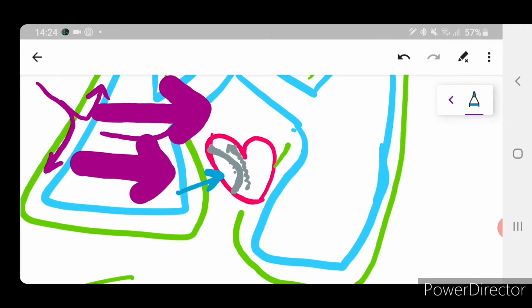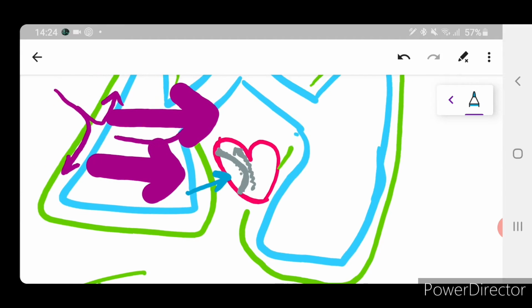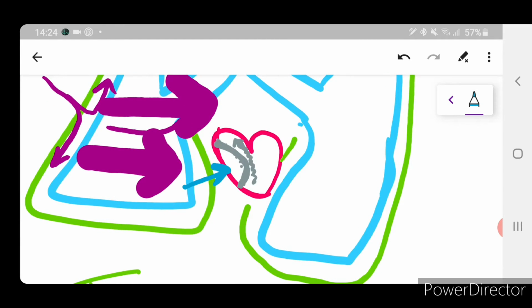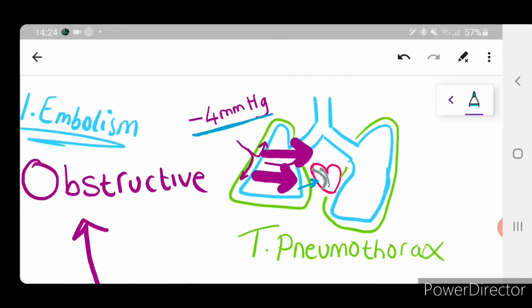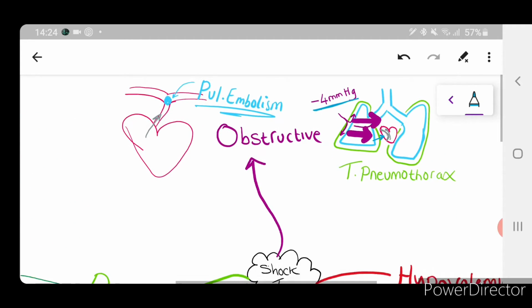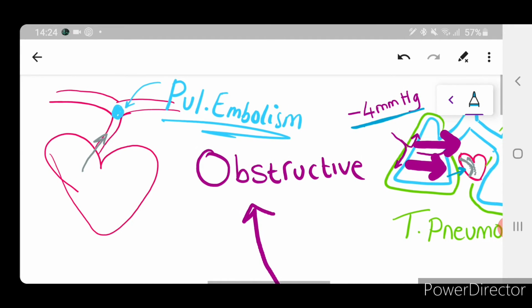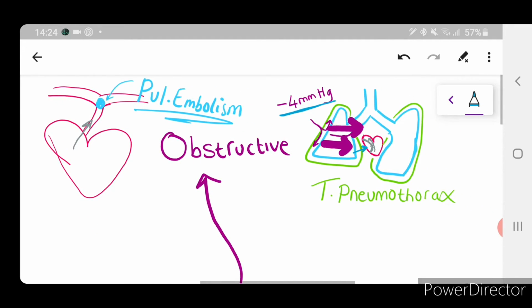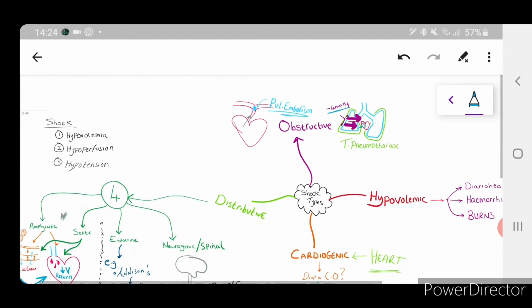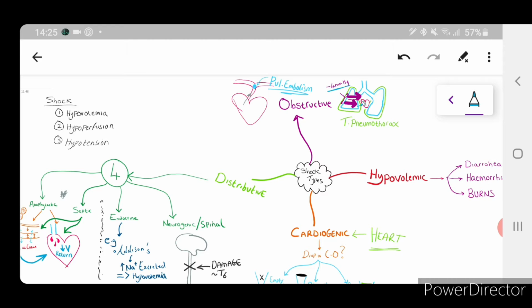A reduction in the ejection capability, right? Because look, there's no room for it to eject the blood out of the heart. Next, pulmonary embolism. Pretty simple, there's an obstruction there. These things, you could think of it as an increase in afterload, maybe. But yeah, that's that. And finally, distributive.